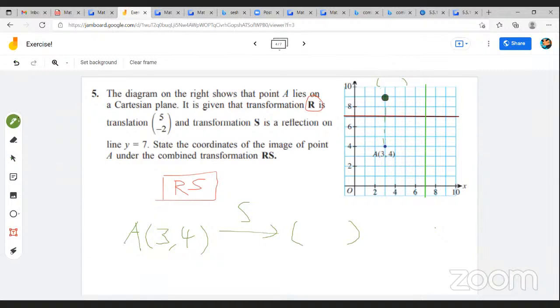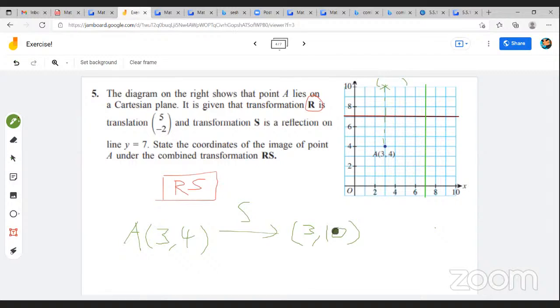After the A goes under transformation S, what's the coordinate of the dot after it transformed S? So like, what's the coordinates over here? Is it (3, 10)? Yes, that's correct. Thank you, Hari. So yes, the first answer is (3, 10).